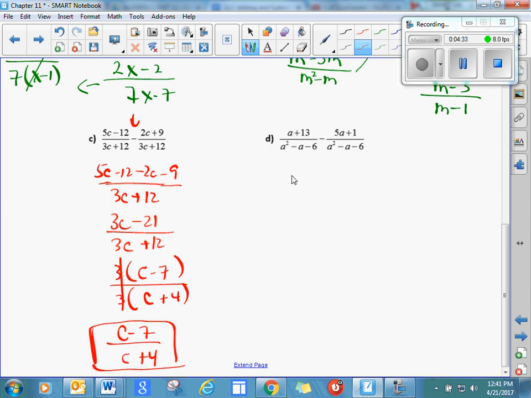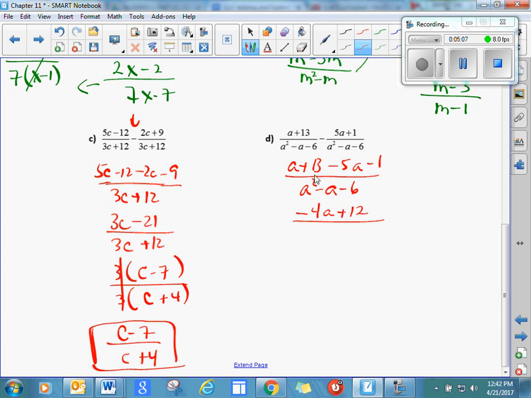One more we'll do here. This one you've got a trinomial you're going to end up factoring, so it's a little bit different. Common denominator, distribute the -1, and you get minus 5a minus 1. Now we're going to collect our like terms in the numerator, and you have 1a minus 5a is minus 4a, and minus 13, that's a 13, not a b, plus 13 minus 1, sorry, is plus 12.